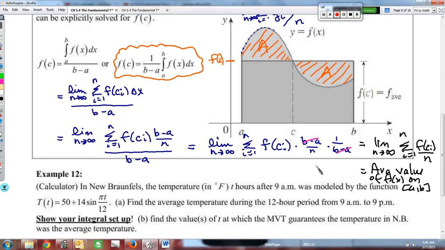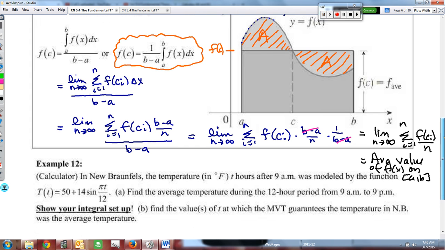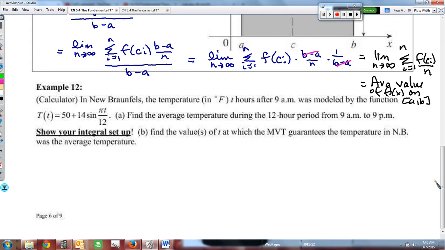Now, what gets confusing is that we have to pay attention to what they're asking for. Are they asking you for the average rate of change of the function, or are they asking you for the average value of the function? Because those are two different things.